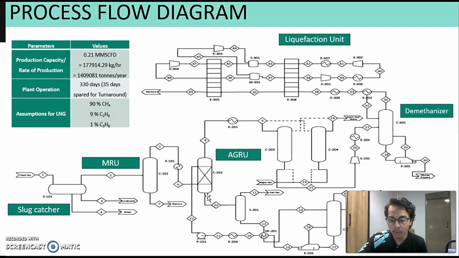However, while we are removing H2S and CO2 by using solvent, which is DEA, some of the natural gas in the stream will also go with the H2S and CO2.